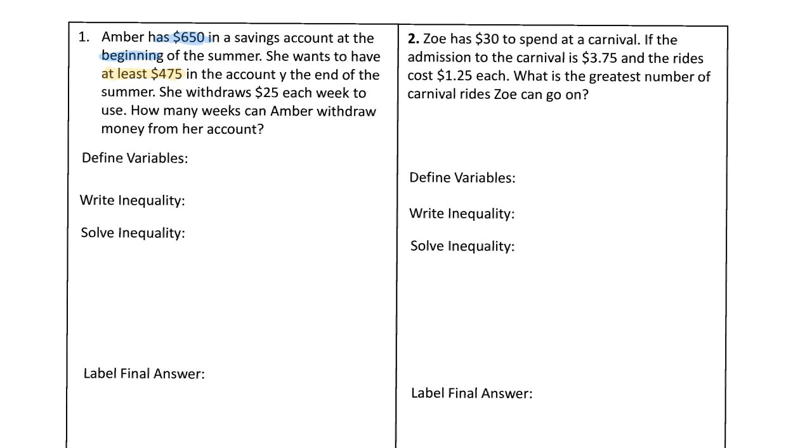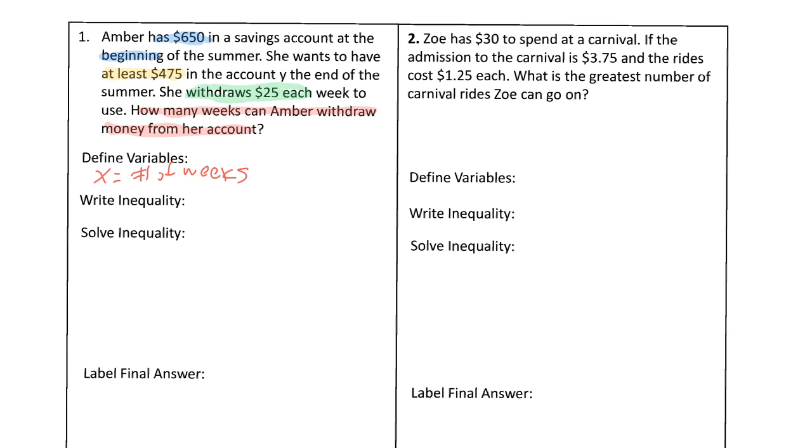She withdraws $25 each week. And we want to know how many weeks can Amber withdraw money from her account. All right, so let's start by defining our variables. Okay, weeks. So the number of weeks is what we're trying to find.